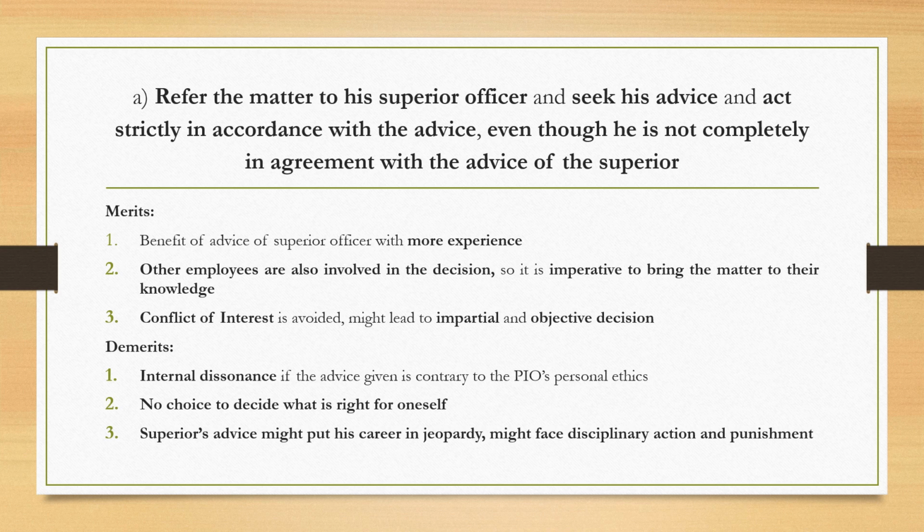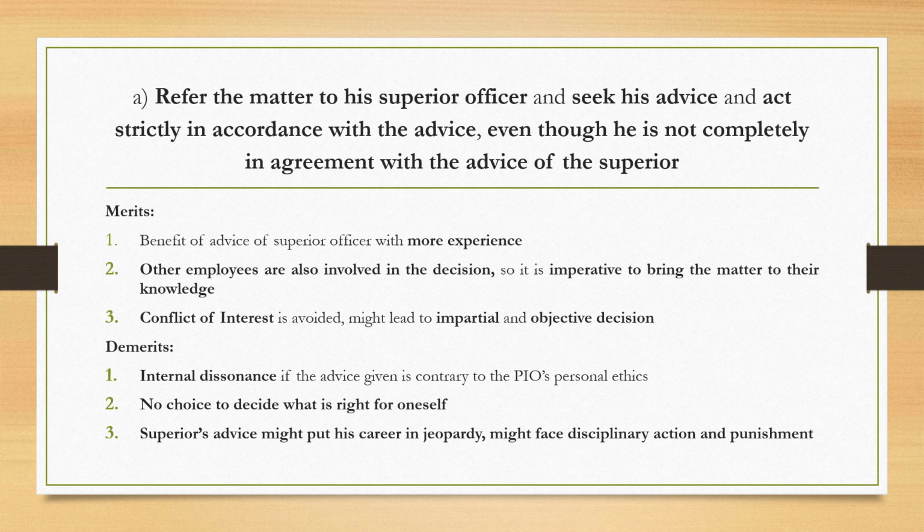The third merit over here is that since the PIO himself has a conflict of interest in dealing with this information, referring the matter to the superior is likely to lead to a more objective and impartial decision in the RTI request, right?